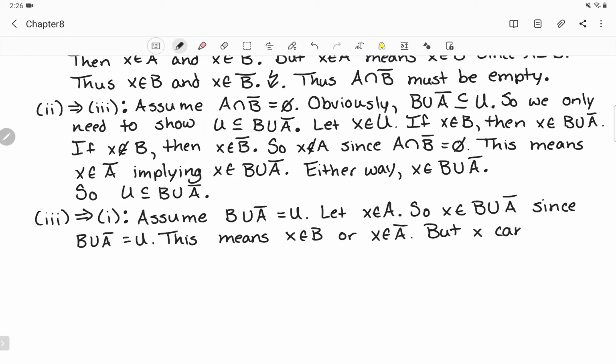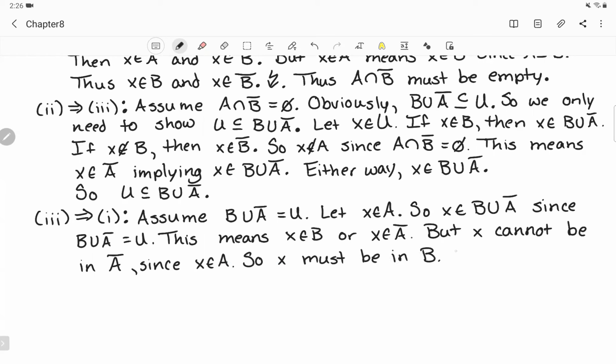But X cannot be in A complement since X is in A. So X must be in B. Thus, A is a subset of B. There we go. We proved those 3 statements are all equivalent.